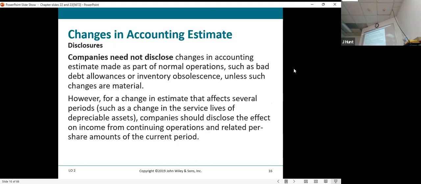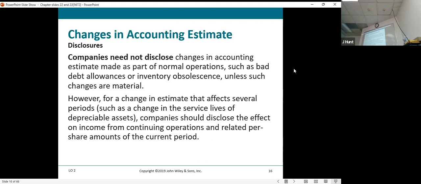So disclosures for estimates. Normally companies need not disclose changes in estimate because it's considered a normal part of the business. However, if it is material, then it's important to disclose the effect of that change on income from continuing operations and the per share calculation.